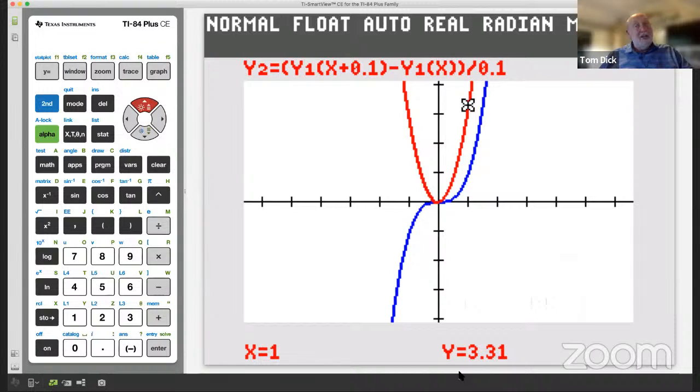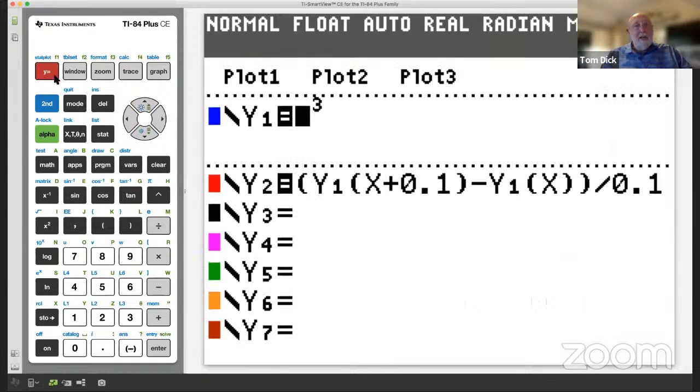I'll tell you what's super cool about doing it this way. If I go back to my y equals menu, this y2, that's my difference quotient function for y1. Notice it's in terms of y1, which means if I change my y1, this thing's ready to go again. It's all set up, good to go.